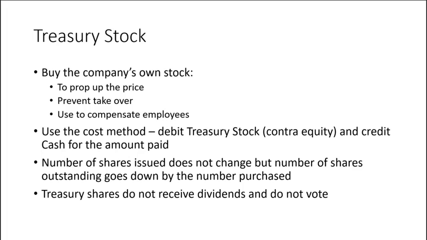And then we're going to credit cash for the amount paid. Don't get too fancy on me. Just debit for the cost and credit cash for the amount paid. When I buy back treasury stock, the number of shares issued does not change. Common stock does not change. Additional paid-in capital does not change.